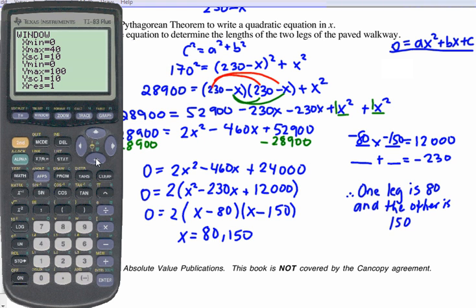For x, I'm not sure how big we need to go. These numbers are smaller, 230 minus x and x, so I'd start with 300. So 300 for x, scale of 10 maybe. And y, 0 to at least 30,000. So maybe we'll go a little higher, 40,000. Go up by the thousands. Graph it.